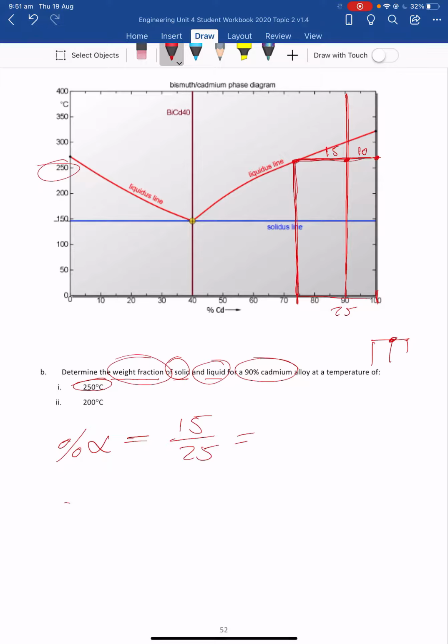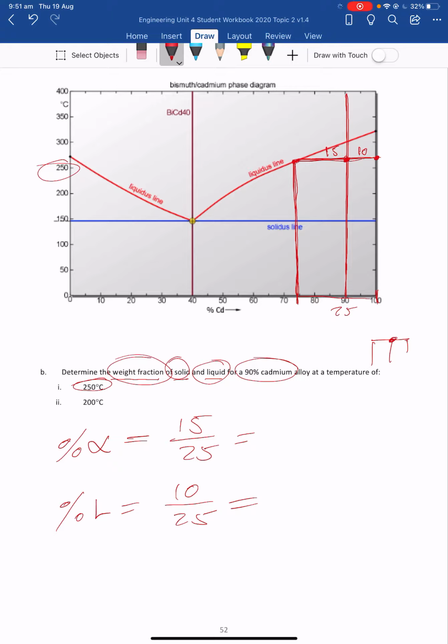And the percentage of liquid is the distance from here to the solidus line divided by 25. And then you can use your calculator to work those two values out. I'm just going to quickly do that now.